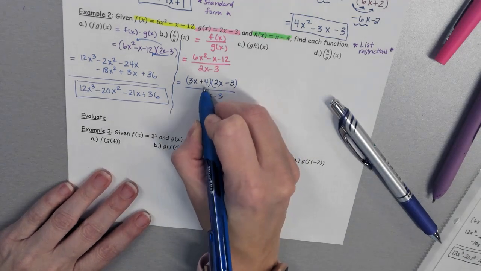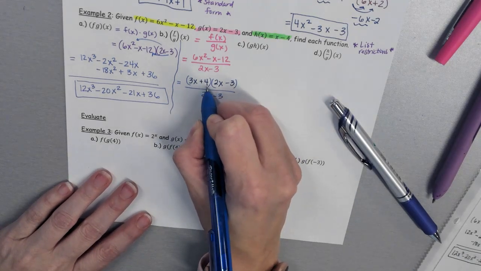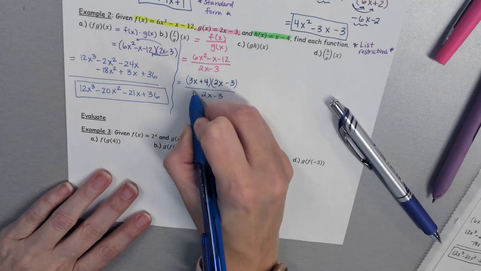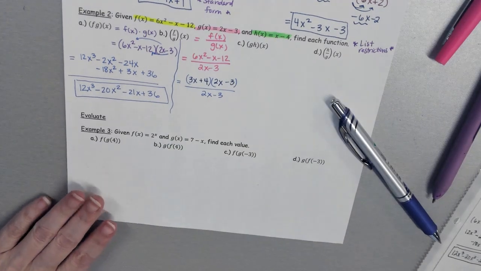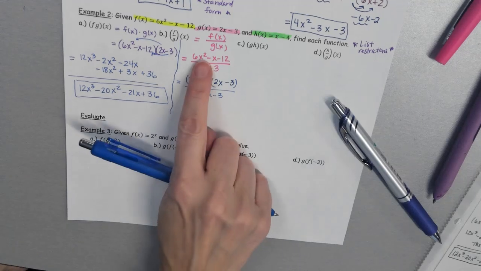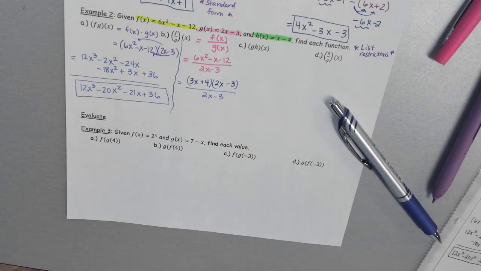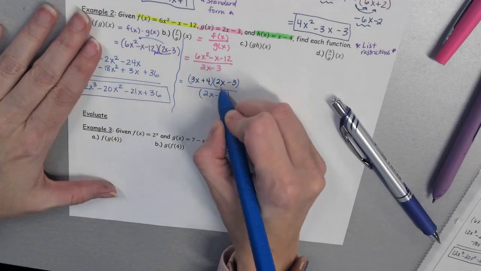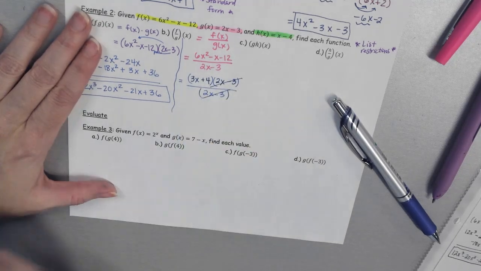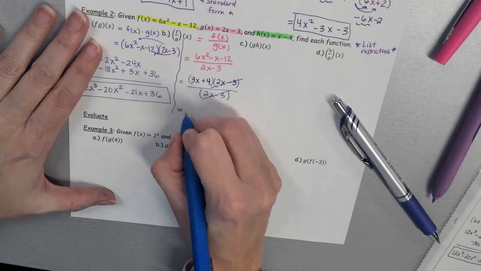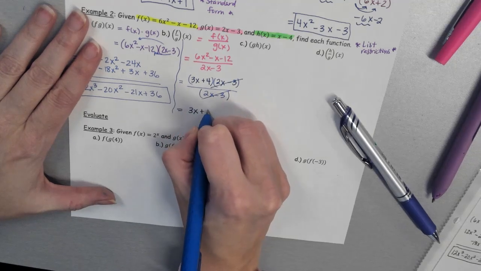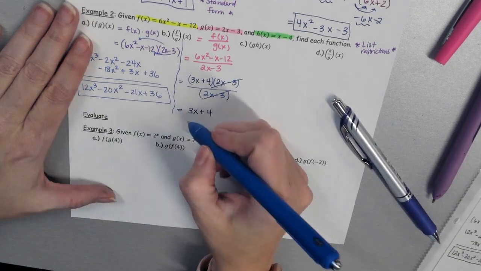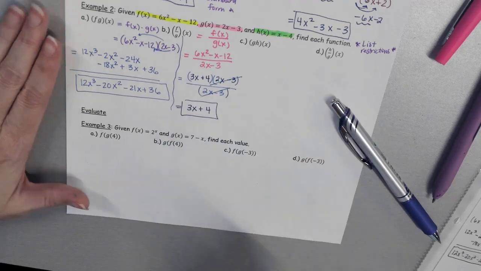So 4 times 2x is 8x. 3x times negative 3 is negative 9x. So 8 minus 9 is negative 1. So that does factor. So because that factors, remember, you can divide a factor by a factor. You can simplify that. So your final answer is going to be 3x plus 4.